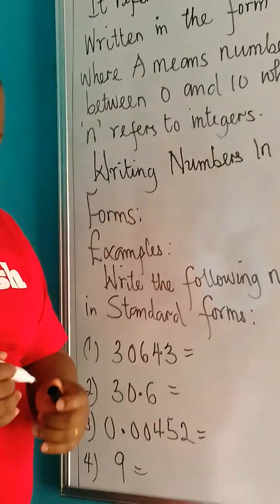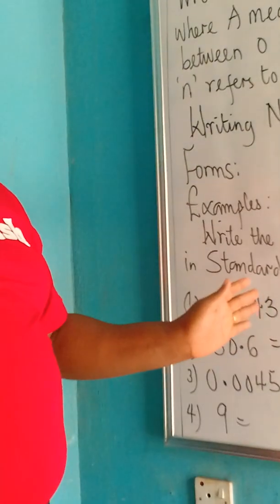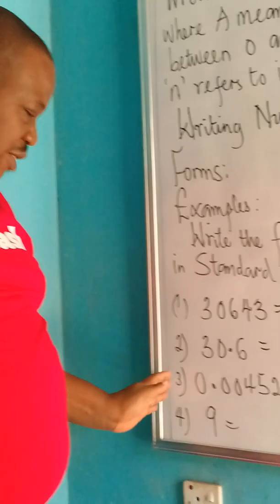These are odd ordinary numbers. Number 1, number 2, number 3, and number 4.